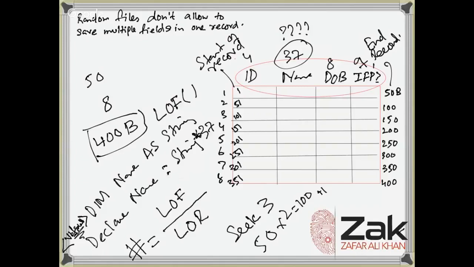What does that mean? If you want to save these 4 fields in one record, 1, 2, 3, 4, as we know of, it is not allowed.